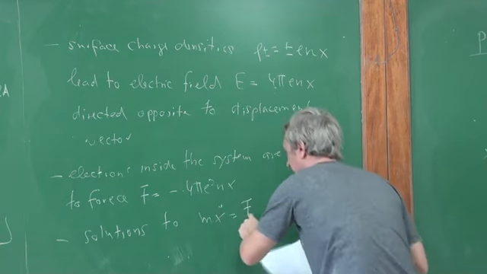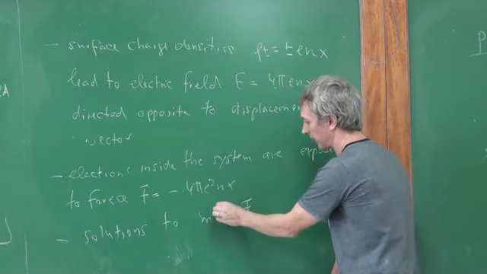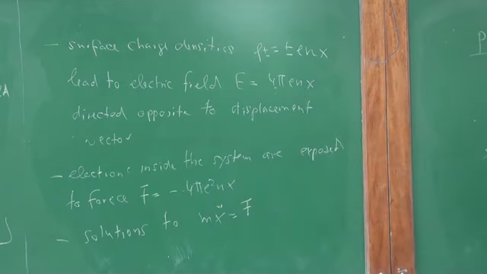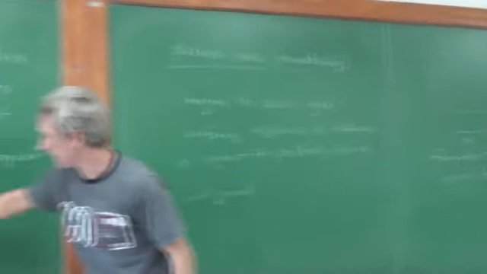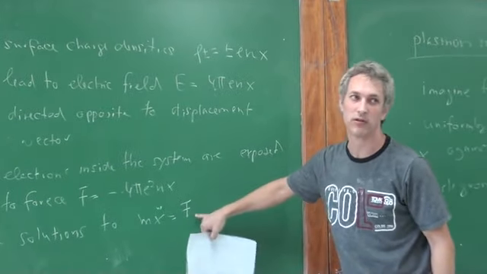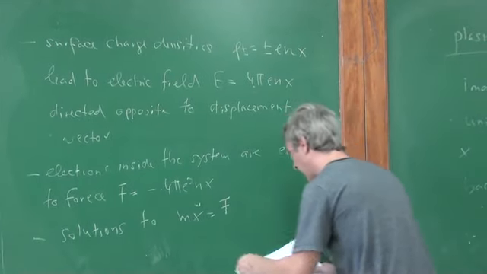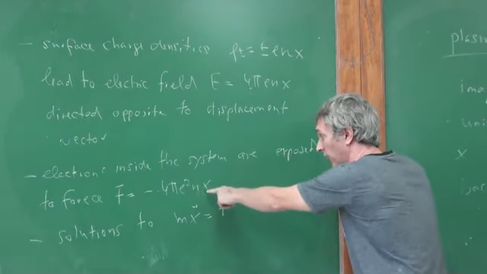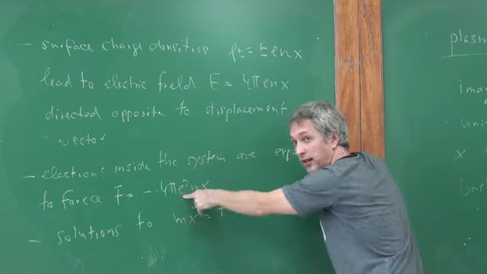So the solutions of this equation are then, well, you expect dynamics only in the x direction, so let's call this the x direction, everything else is dead. So you have a one-dimensional problem, and the second derivative should reproduce itself, so you get some oscillating solution, and the oscillation frequency is just given by this expression divided by m.